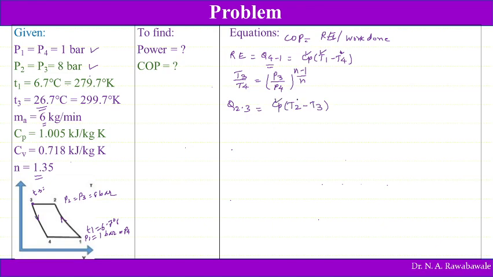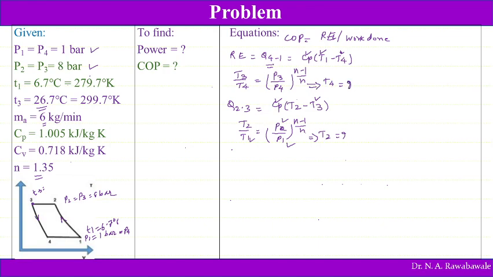We know Cp, we know T3, we don't know T2. So to find T2, again we use T2 divided by T1 is equal to P2 divided by P1 to the power of n minus 1 divided by n. So P2, P1 and T1 are known, we can find T2. By getting T2 we can find T4 from this, and substituting in this equation we get the refrigerating effect.